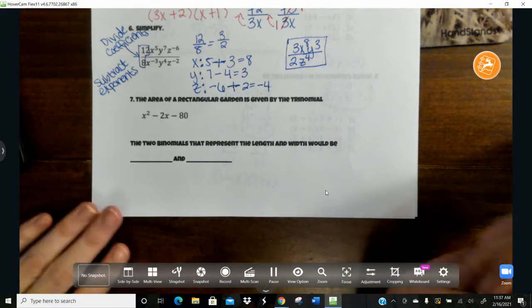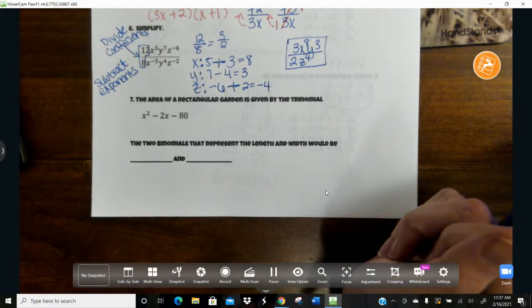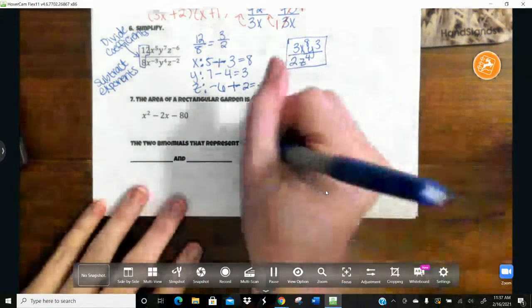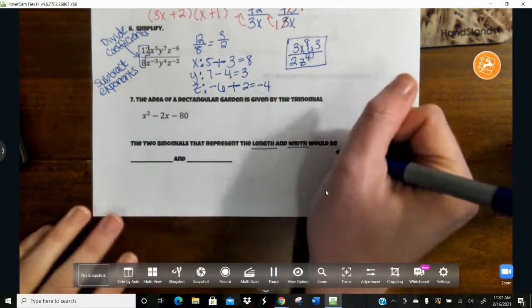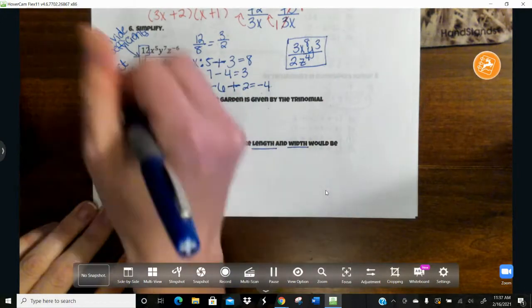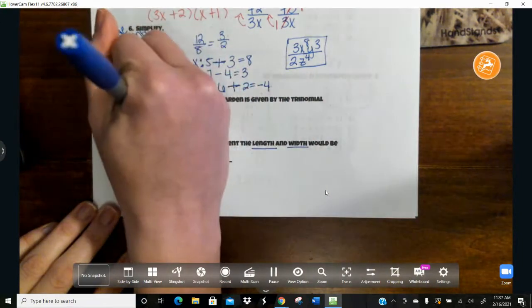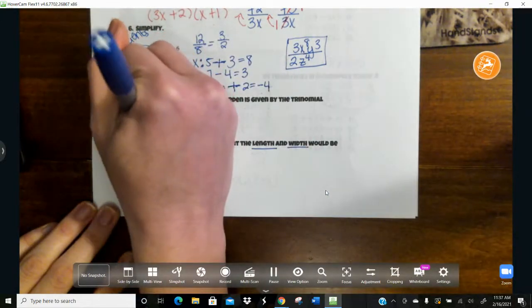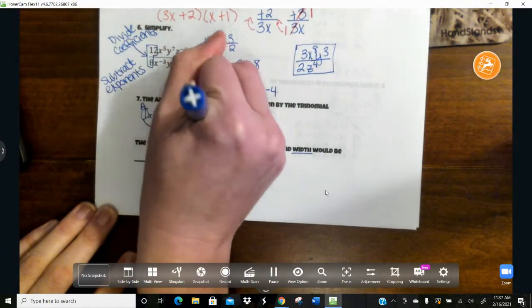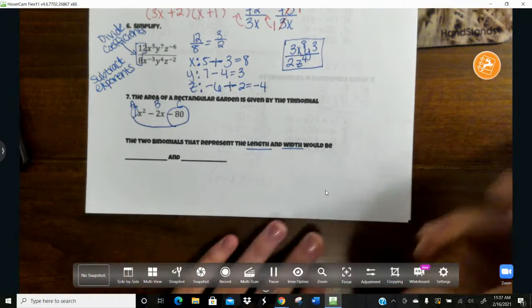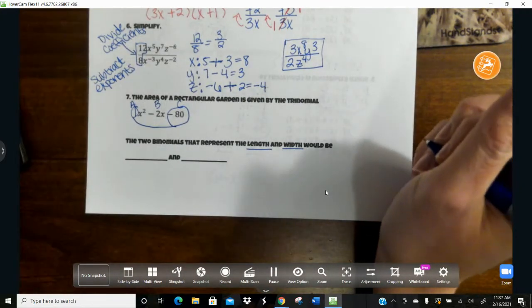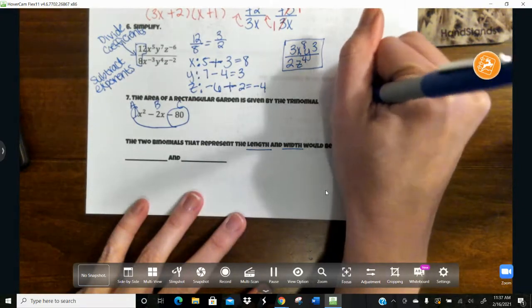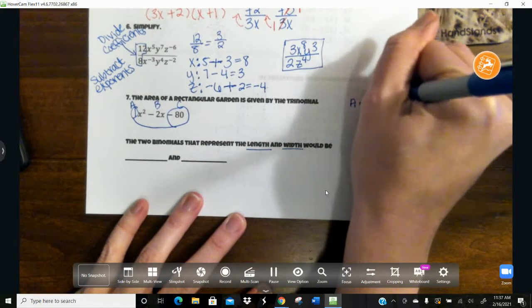Okay, number 7. Find the area of a rectangular garden, where the area is given. We want to find the length and the width. So to do this, we're going to factor the original area. So we're going to put a 1 and label it A, B, C. Multiply A times C. So A times C equals negative 80.